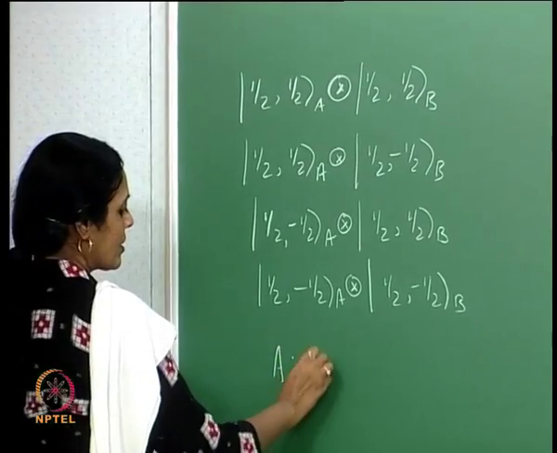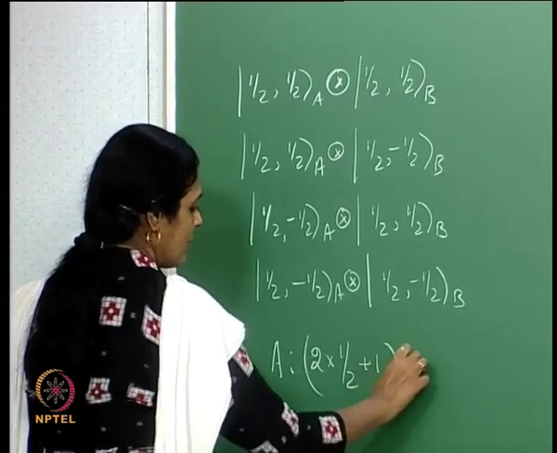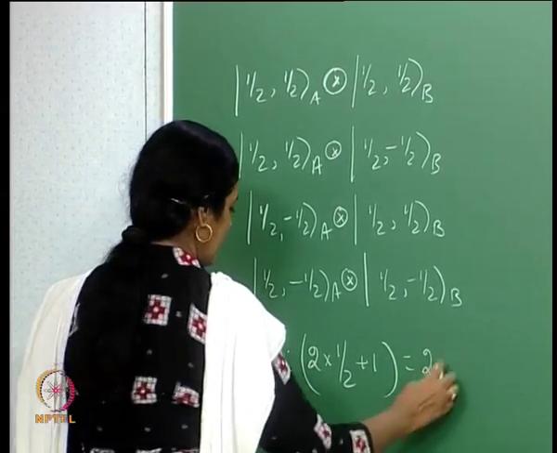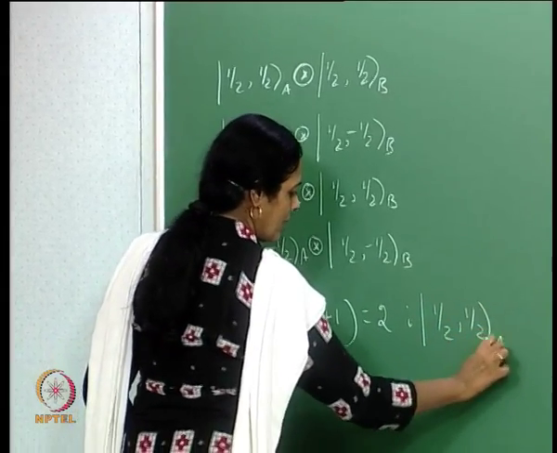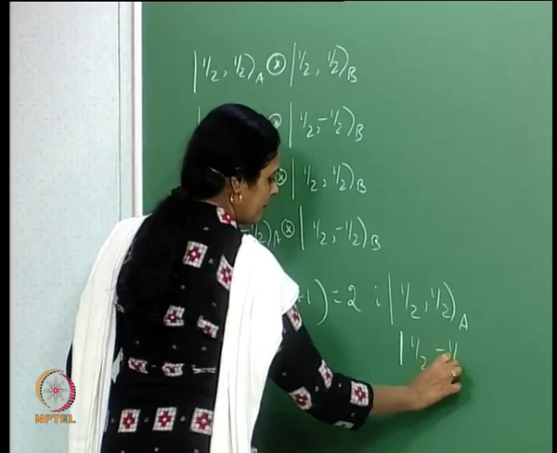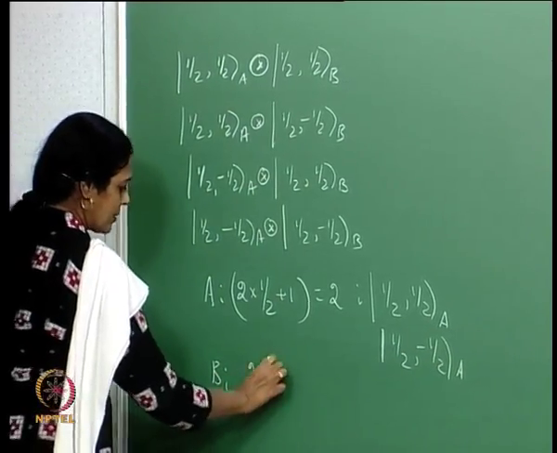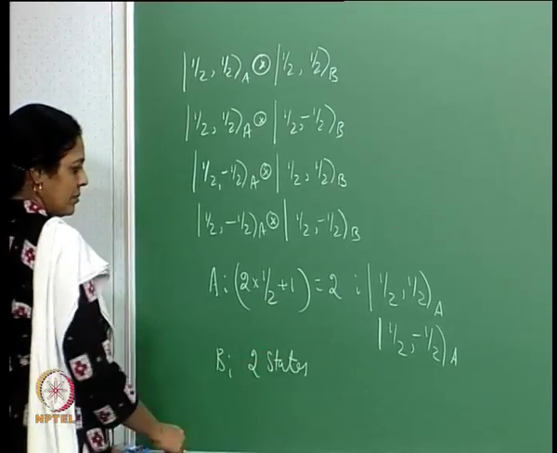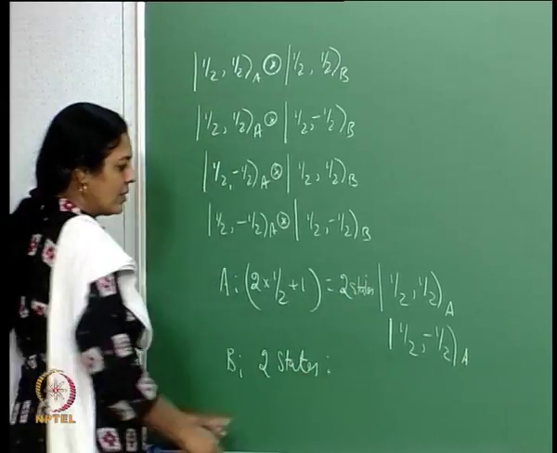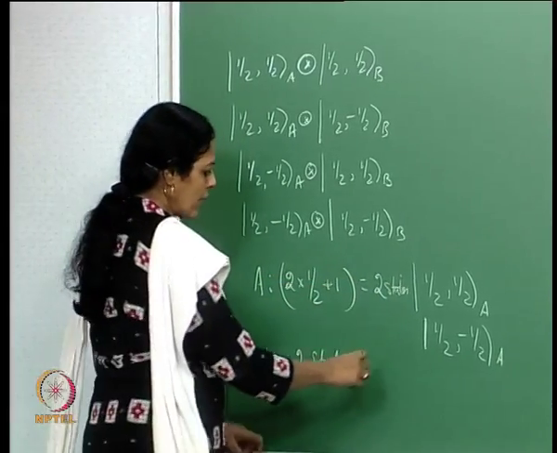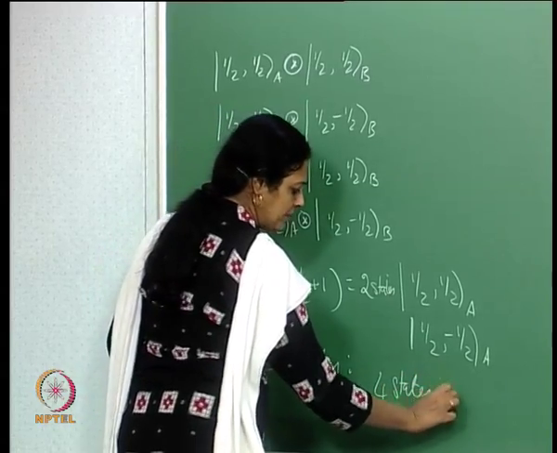System A has 2J1 or 2S1 plus 1 states, which is 2 states. They are half half A and half minus half A. Similarly, system B has 2 states. And the total is 2 times 2, which is 4 states in total.